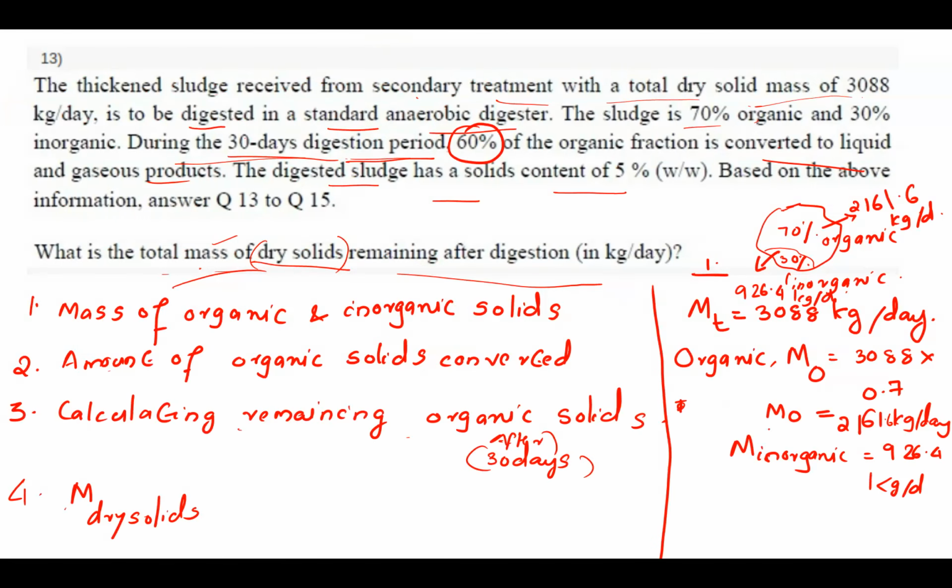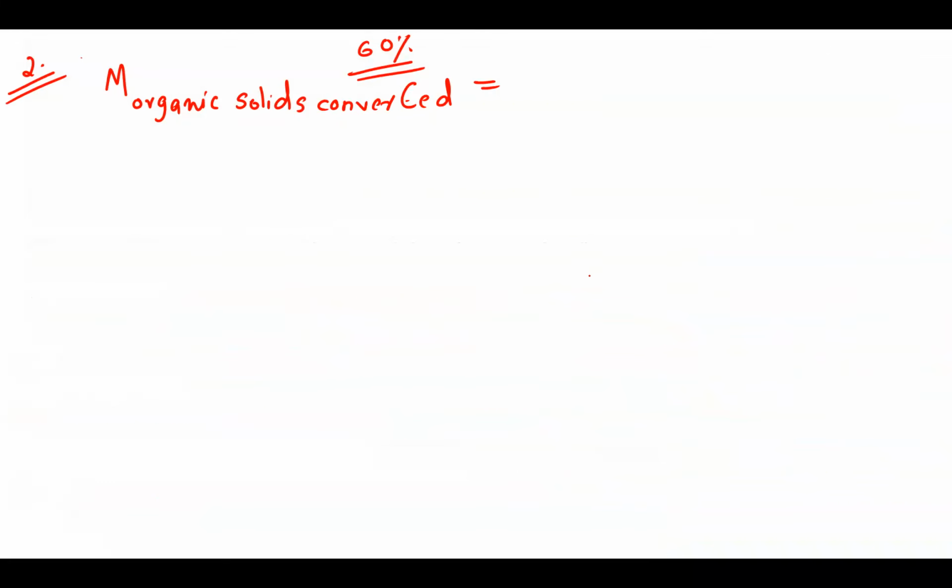We already have the mass of organic solid: 70 percentage, and we have calculated 2161.6 kg per day as the organic solid mass. It is given that 60 percentage of the organic fraction is converted. That means 2161.6 into 0.60. From the total organic solid, 60 percentage is converted to gaseous and liquid products.